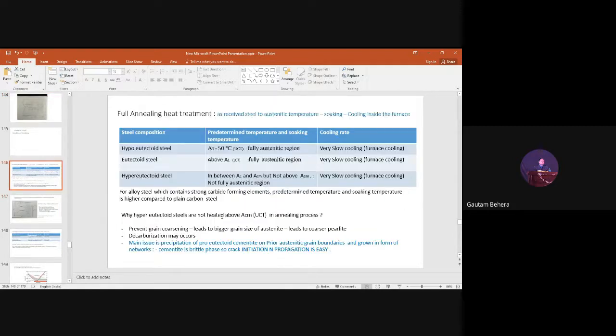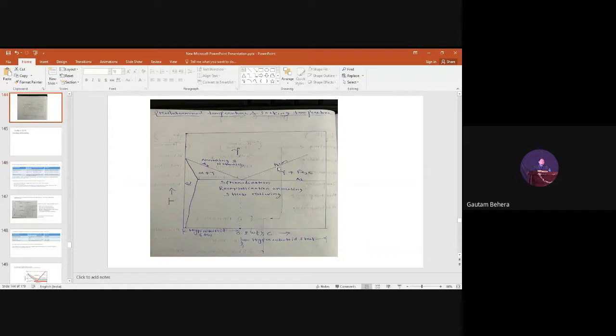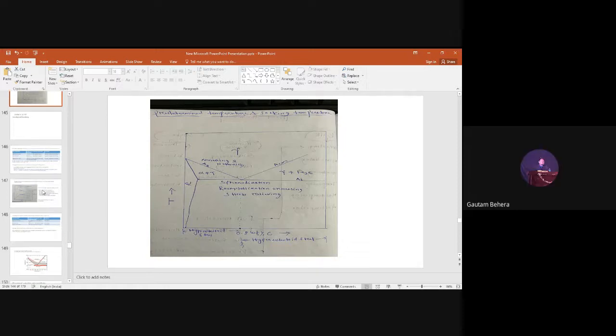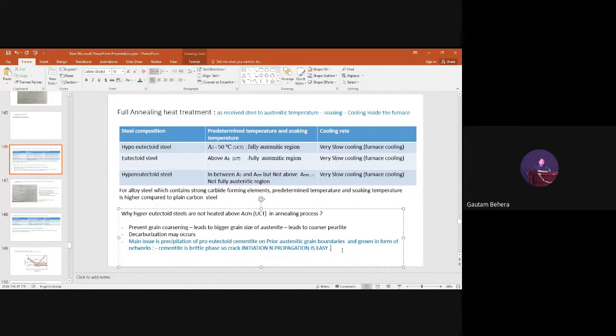Okay, so you have understood why for hypereutectoid steel we are not going above SCM. We are just remaining over here. This is our predetermined temperature in this region. You people can write this down in your examination paper, right? Yes, sir. Okay, very good. So finally, what I can conclude is we will be having poor mechanical properties.